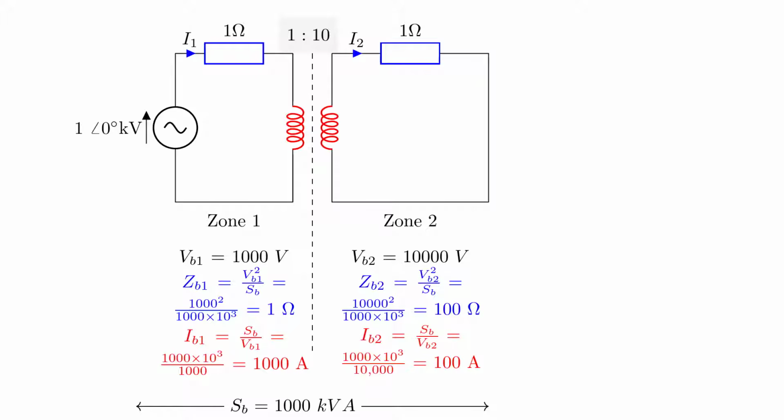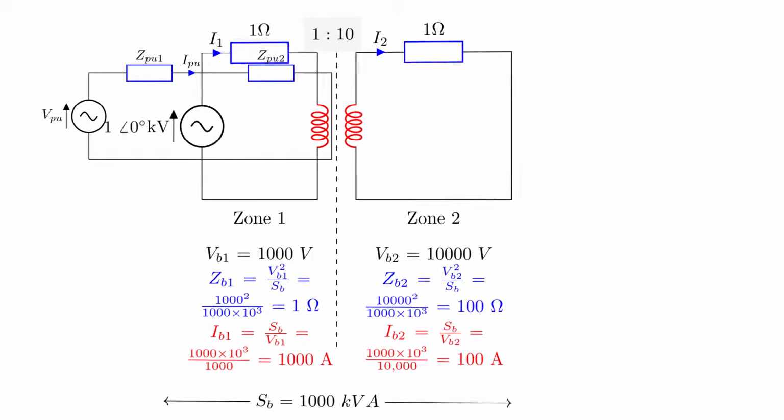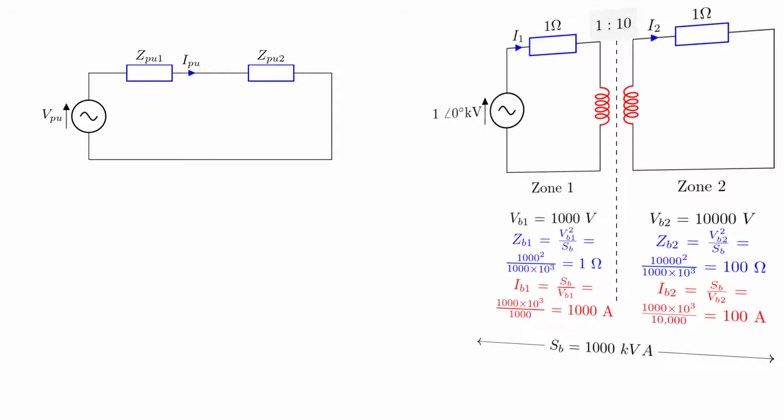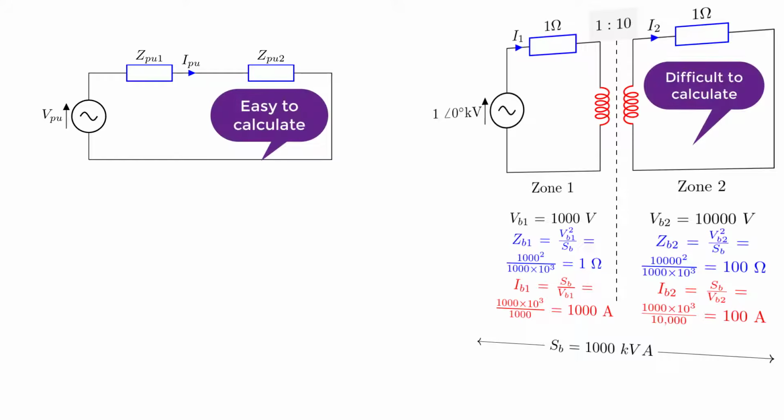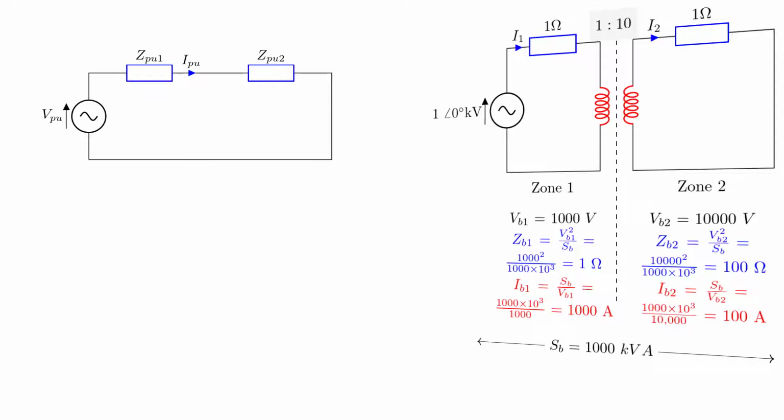Now we have all the base quantities describing our system. These act as the conversion factors, so we can go from the circuit with transformers, which is difficult for us to calculate with standard circuit theory, to a circuit without transformers. And this circuit is much easier to work with.